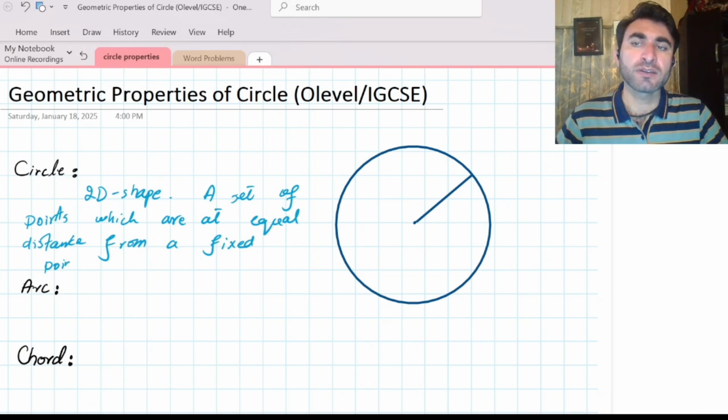This fixed point, which lies over here in the middle, is known as the center.